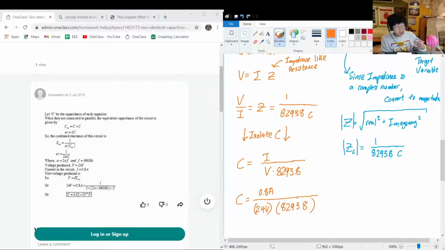Then we math this out and we will find our capacitance, and that will be awesome. So let's ask our calculator to figure that out for us. 0.8 divided by 24 times 8293.8.